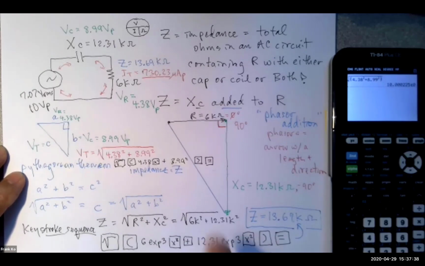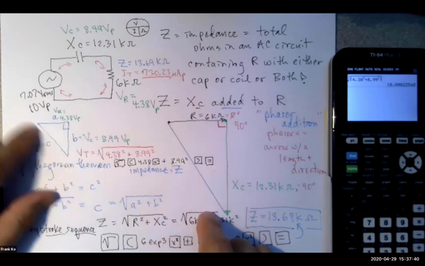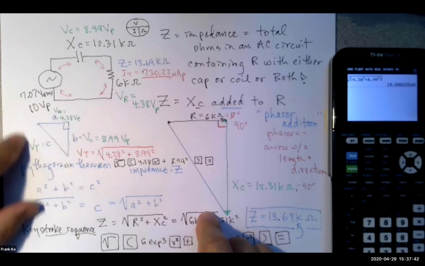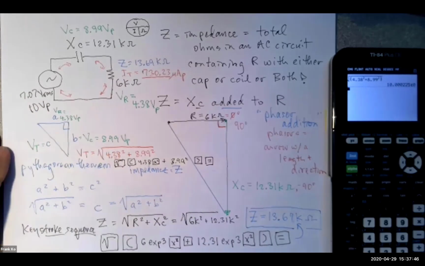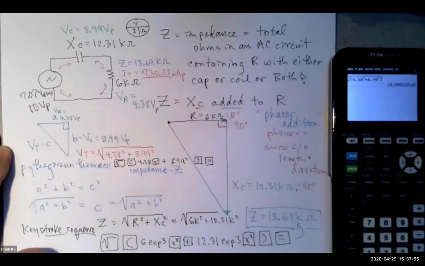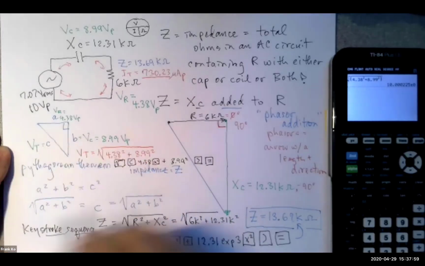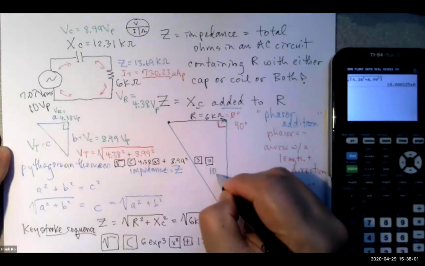What do I end up with for voltage total in this triangle when I add these two phasors together? What do you end up with? 10 volts. Wow. Hopefully you end up with a nice 10 volt peak. This is equal to 10 V peak.